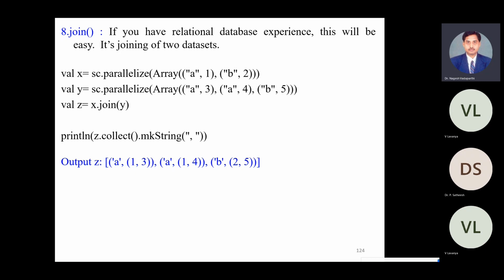You understood? So A with 1 comma 3, then A with 1 comma 4, then B with 2 comma 5. See, check in the X and Y input variables. So B with 2 is there, in the Y variable B with 5 is there. Now I am joining two data sets: A with 1 comma 3, then A with 1 comma 4, then B with 2 comma 5. This is how the join function works.